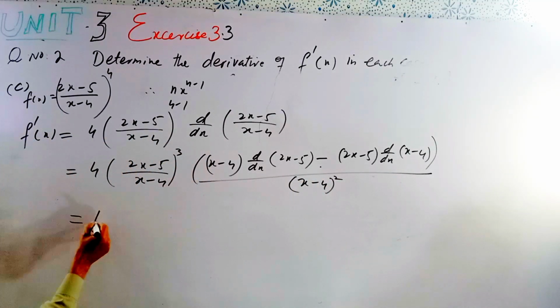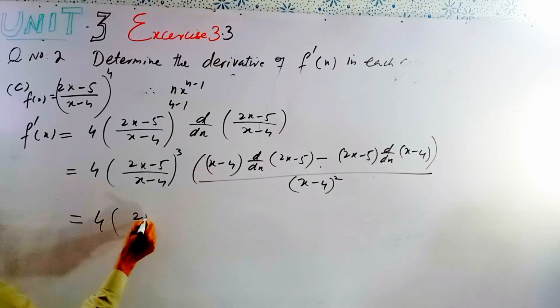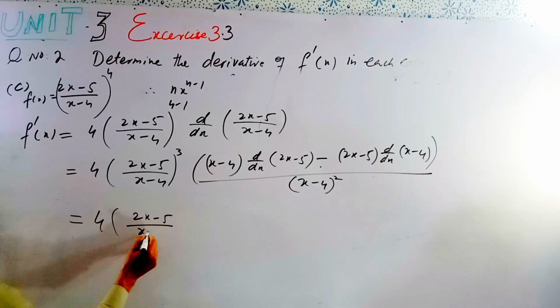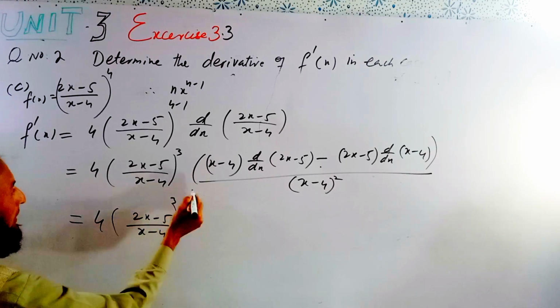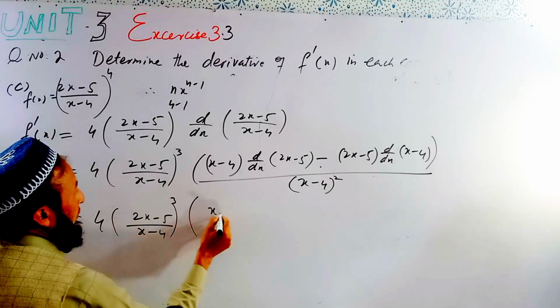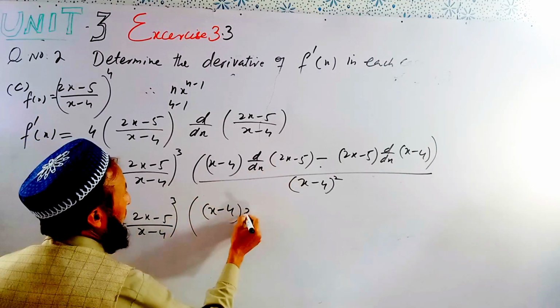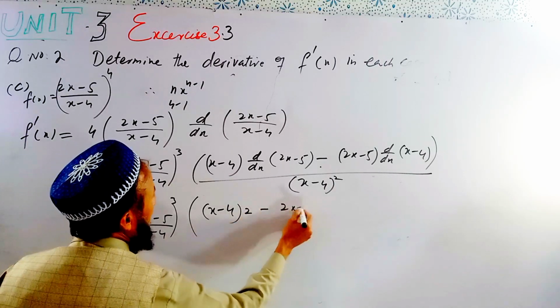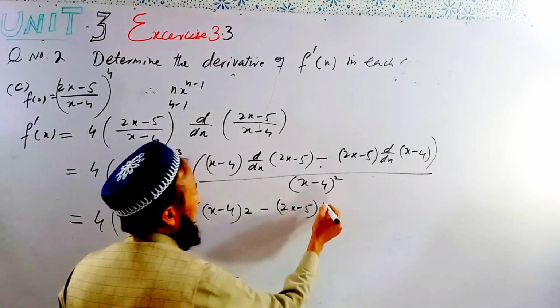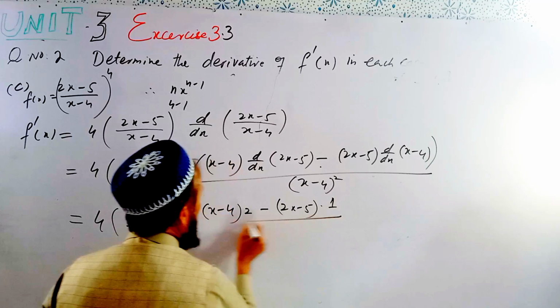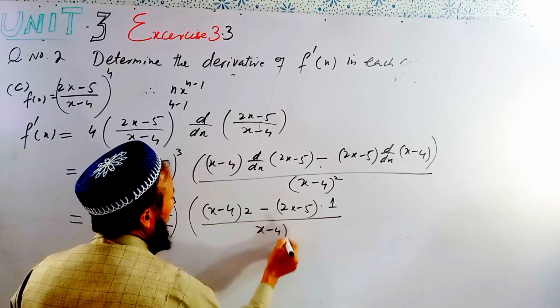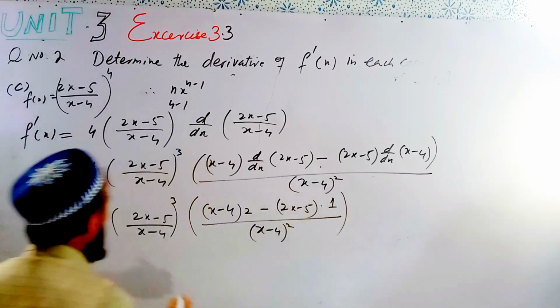Here we have used 4 into ((2x − 5) divided by (x − 4)) whole cube, into (x − 4) into the derivative of 2 minus (2x − 5) and the derivative of x, 1, divided by (x − 4) whole square.